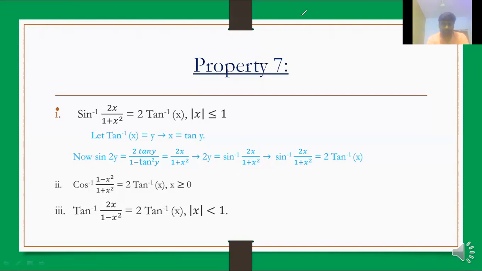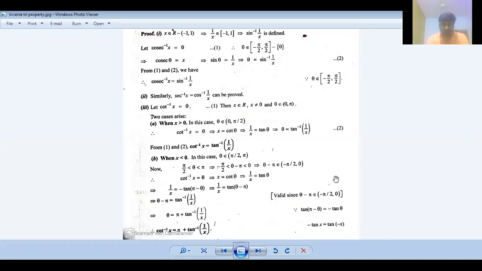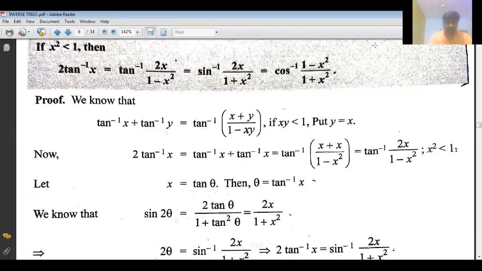I'm going to show that in the next slide. Now see here, 2 tan inverse x equals tan inverse of 2x by 1 minus x square.